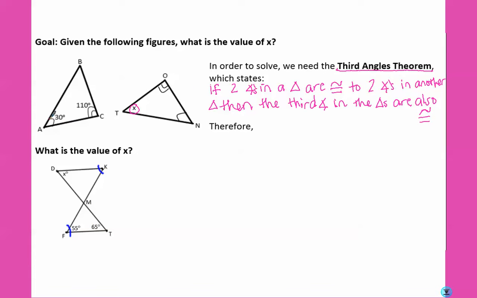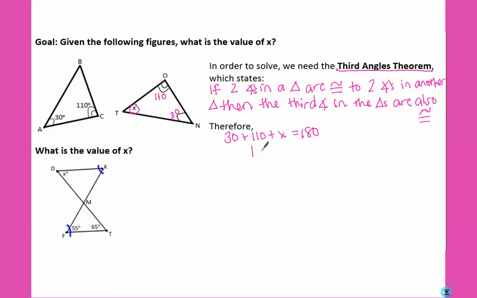By our markings, we know angle A is congruent to angle N, so angle N must be 30. We know angle C and angle O are congruent, so they're both 110. So we know that 30 plus 110 plus x adds up to 180, because the angles of a triangle always add up to 180.